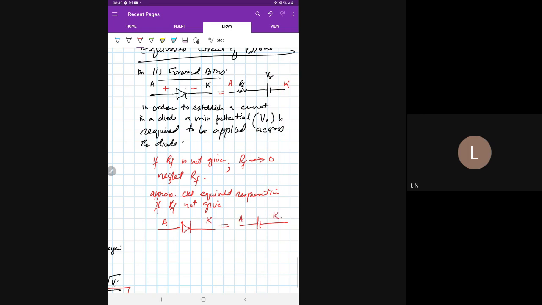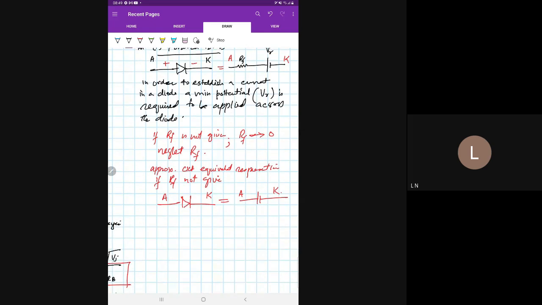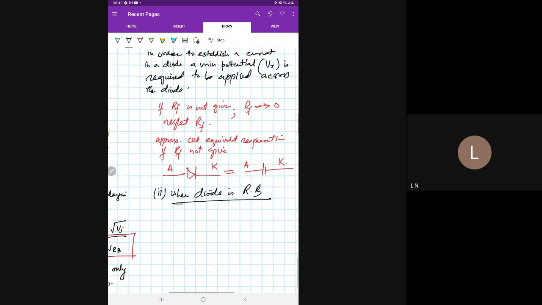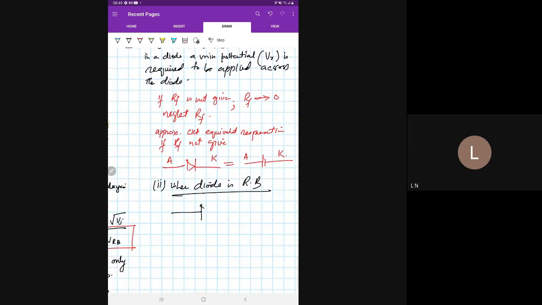Now, case two, when the diode is reverse biased. When the diode is reverse biased, a higher potential is applied on the N side and a lower potential is applied on the anode.